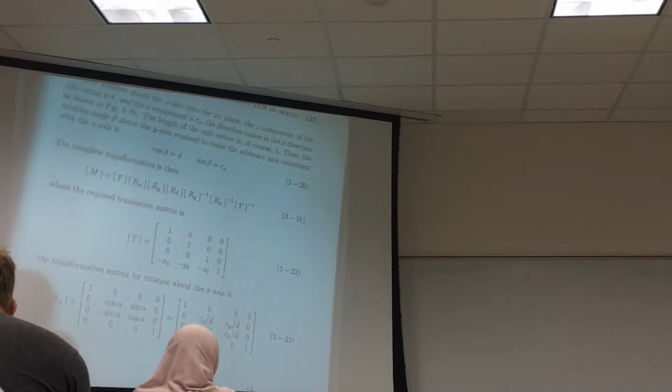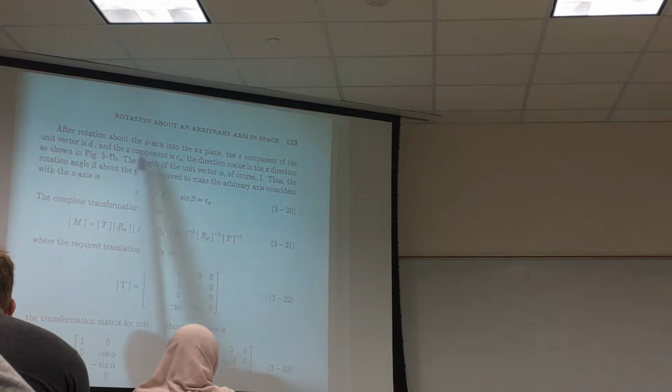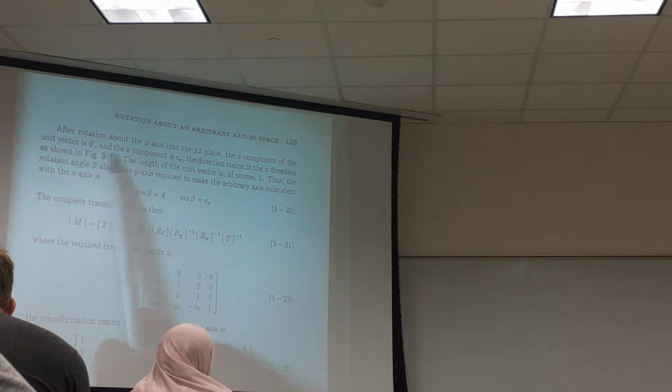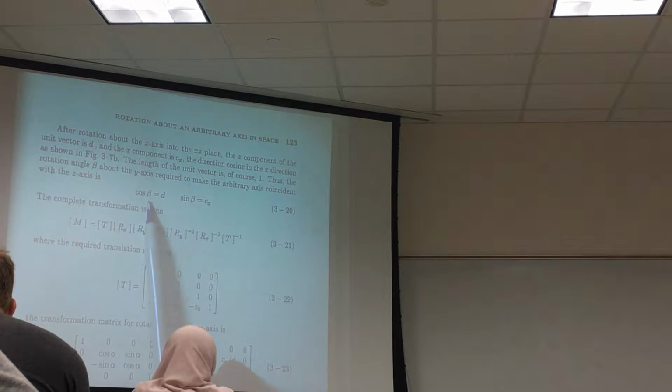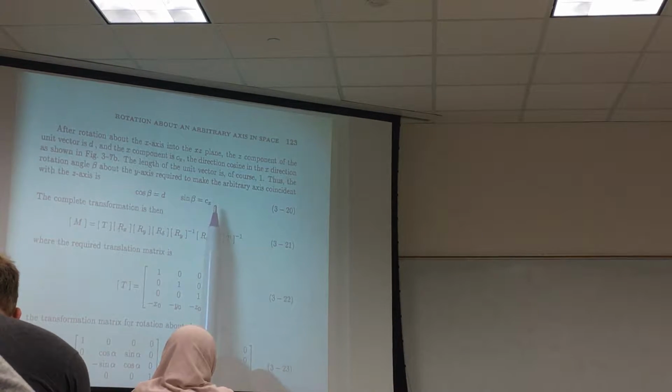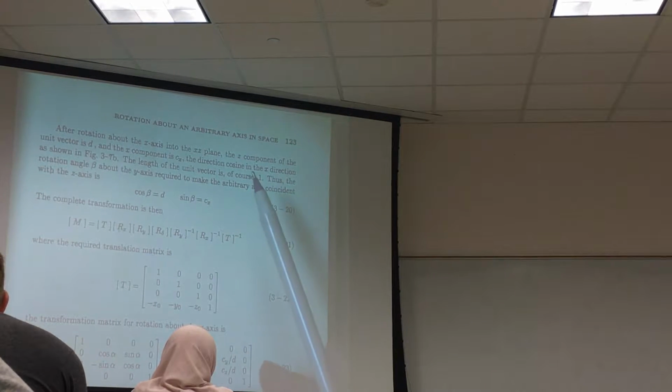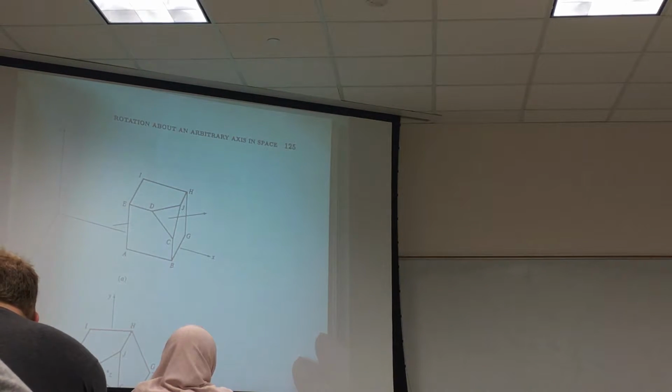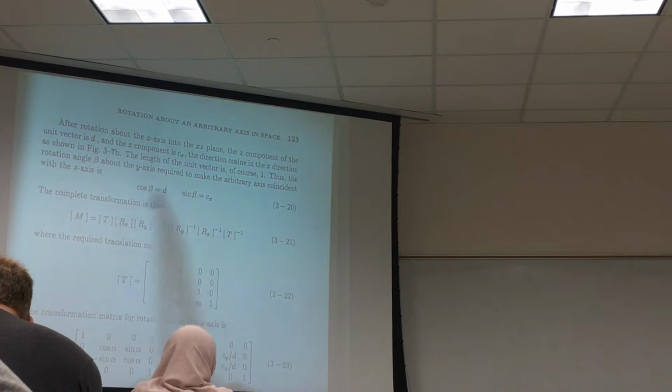Then going to the other plane, we need another angle, beta, which is related to d and cosine cx. Right? He actually simplified all that. He bypassed all the derivation, showed you the result, and then put all this together.